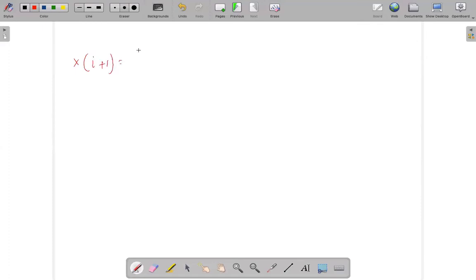So xi plus 1 looks like this. t i plus 1 into b to the power m minus 1, plus t i plus 2 into b to the power m minus 2, plus up until t i plus m into b to the power 0. Okay.